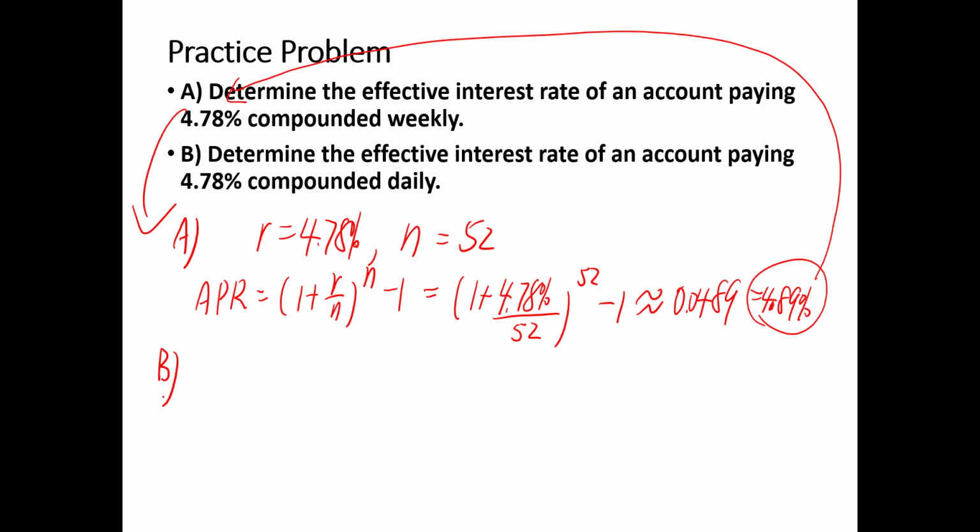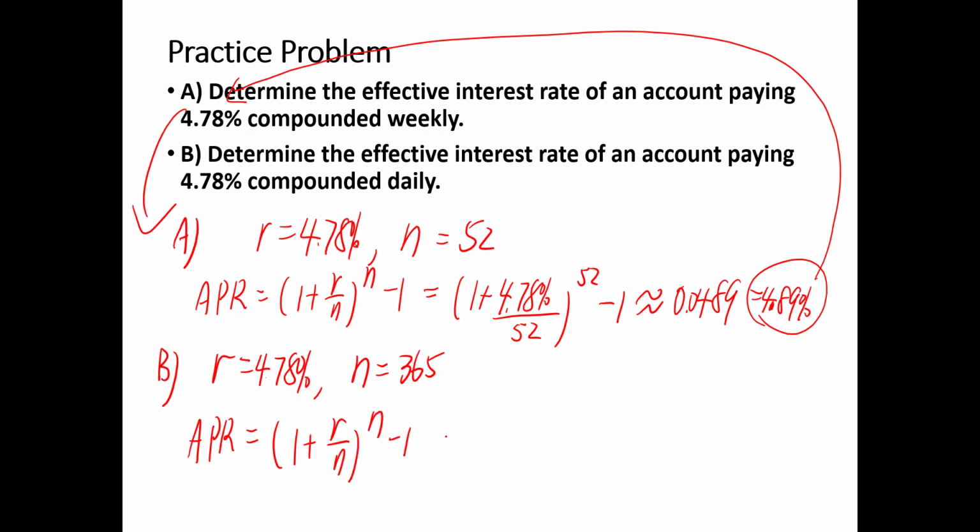And the second one: determine the effective interest rate of an account paying 4.78% compounded daily. It's the same 4.78%, and the number of compounding periods is daily, so 365 days in a given year. So the APR, or effective interest rate, is equal to 1 plus R over n, to the n power, minus 1. So this is 1 plus 4.78% over 365, raised to the 365th power, minus 1.